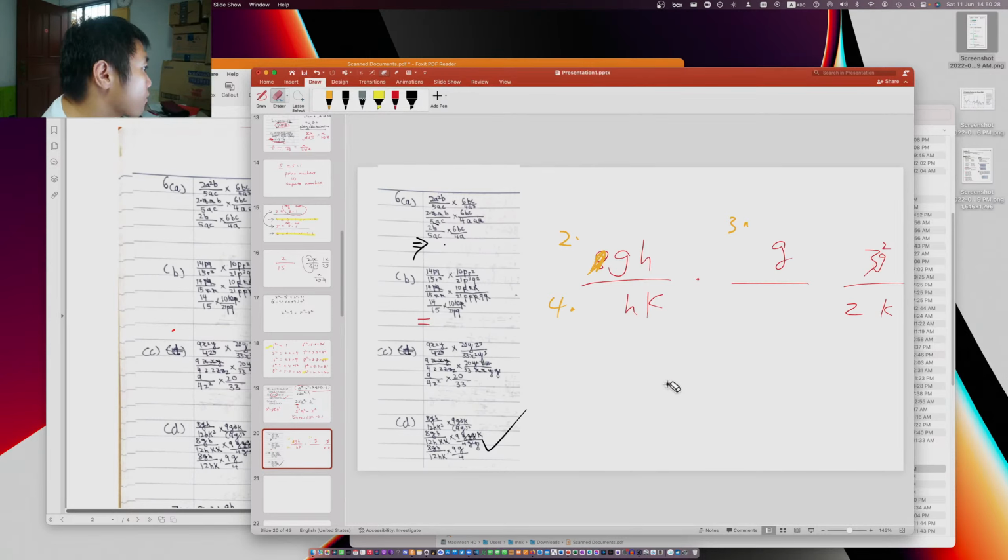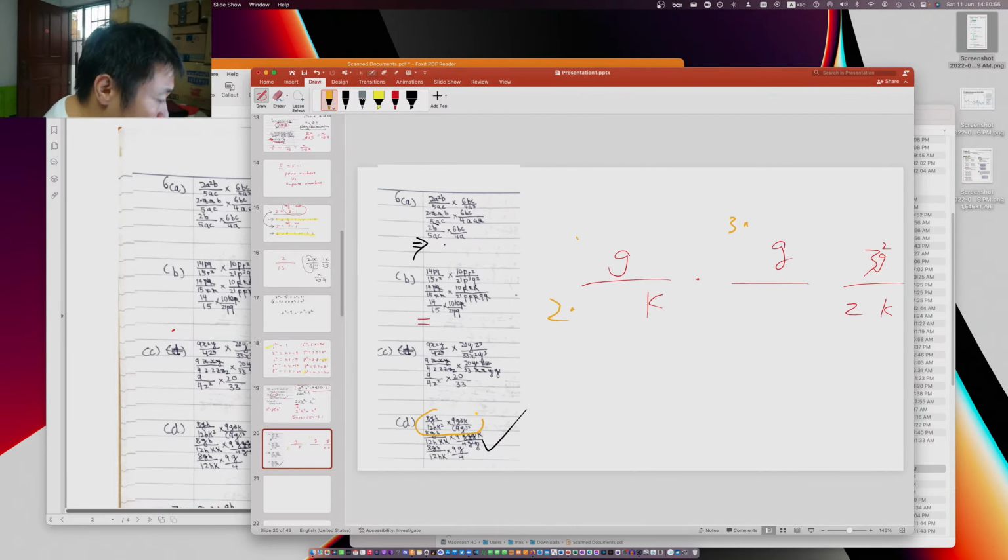Anything else? Looks like the 4 can still split. Three g square, 2k. Is it very hard or not? Not hard at all. But you made a mistake here.